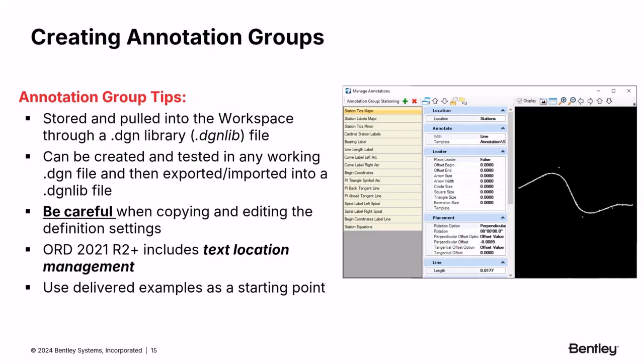So you have a local copy of that annotation group separate from the workspace, which you could access, manage and potentially adjust local to your file if needed, right? But same as text favorites, you can create and test these in any working DGN file, whether that's a live model or a scratch file. And you can also use the same load temporary library function to pull additional resources in.